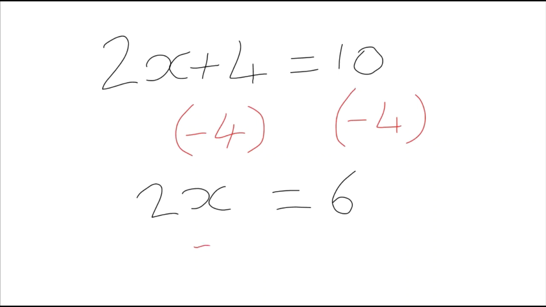So I can do divided by 2, and the reason why I'm dividing by 2 is because it's the opposite of multiplying by 2. The number 2 comes from the fact that there is a 2 in front of the x just here. So don't forget, if I divide one side by 2, I also need to divide the other side by 2. Therefore, I am left with x equals 3.